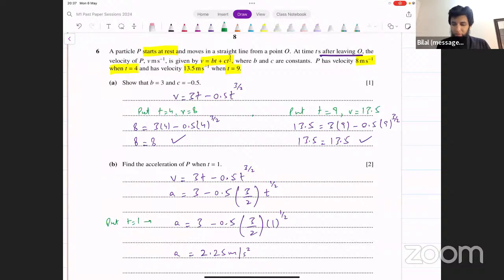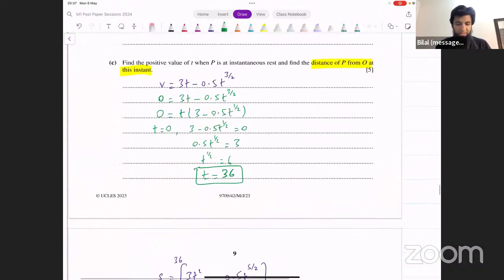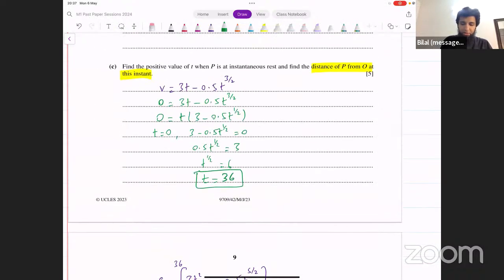Why would you do t equals 4 and t equals 9? Even for distance traveled, you would not do that because velocity is 0 only at t equals 36. The particle is not even changing direction until 36. So in this case, distance traveled would also be the same. You won't have to break the journey because velocity only becomes 0 when time is 36.